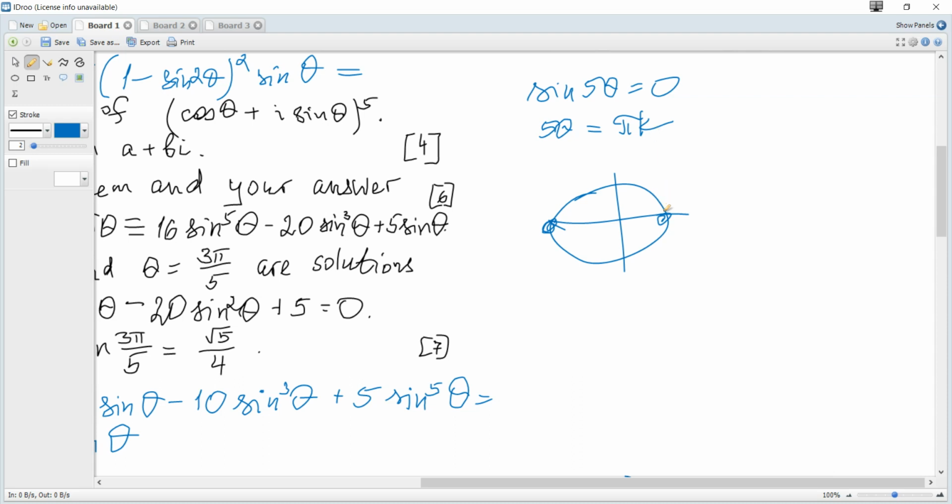When k is 0 you are here, when k is 1 you are here, k is 2 you are here, and so on. So the solution of sine of 5 theta equals 0 is 5 theta equals pi k, where k is some integer.